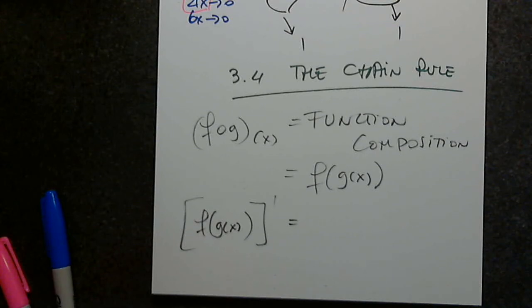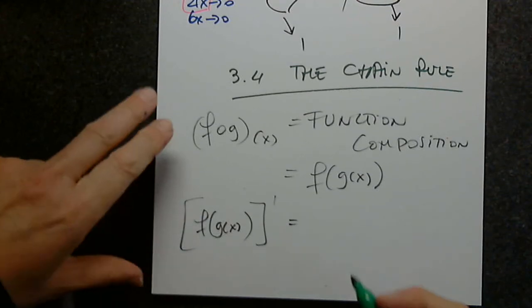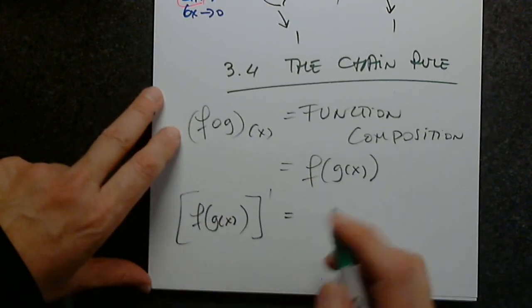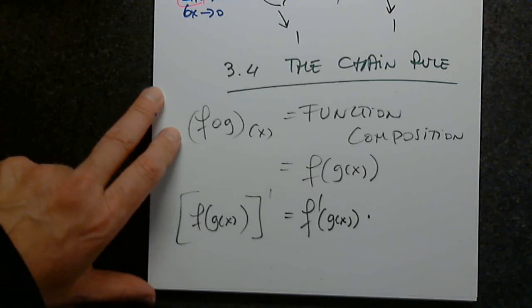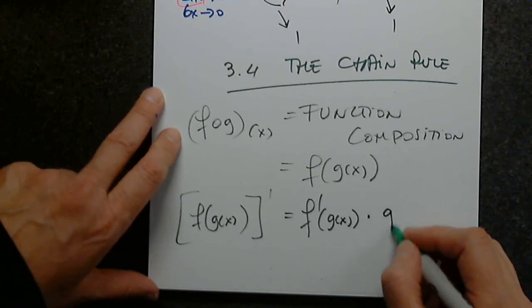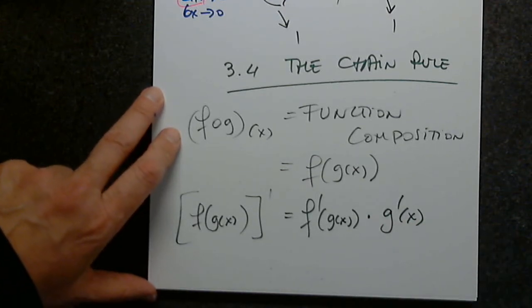When we evaluate a function, we evaluate the inner and then the outer. When we differentiate, the outer first and then the inner. It's going to be a product. It's not going to make a big difference because 2 times 3 is 3 times 2, but I recommend keeping that in mind. So I differentiate the outer function of g of x, and I multiply it by the inner function prime.